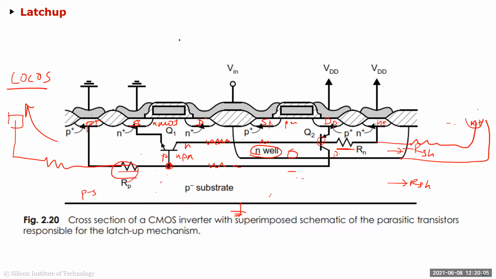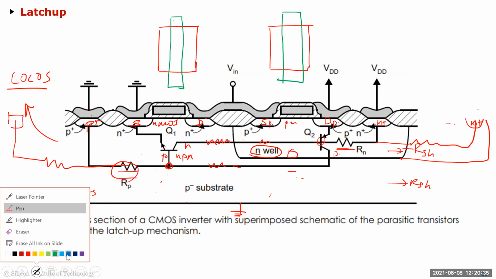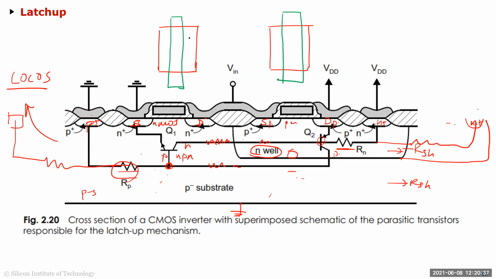So if I show you layout wise, let's say this was your diffusion area for your NMOS, right? And this is your diffusion area for your PMOS, and then your gates are this. So this is your inverter. And then you make the drain to drain connections.